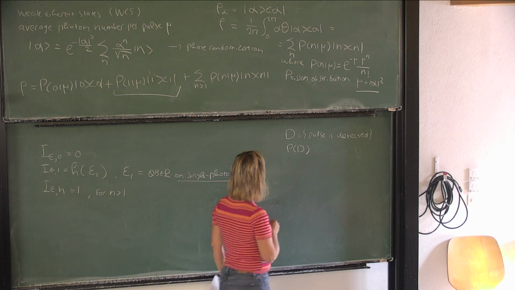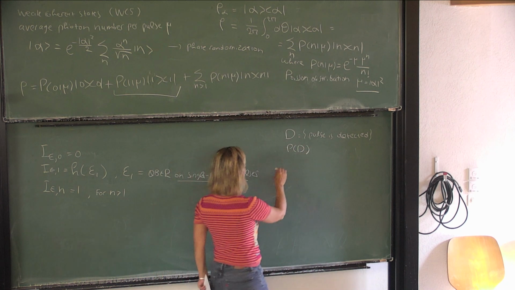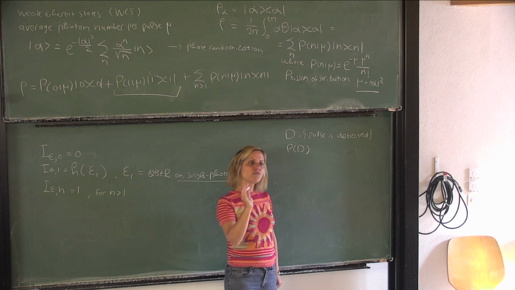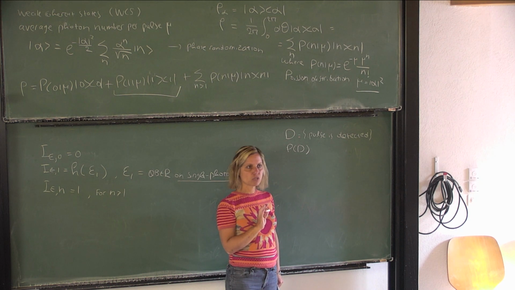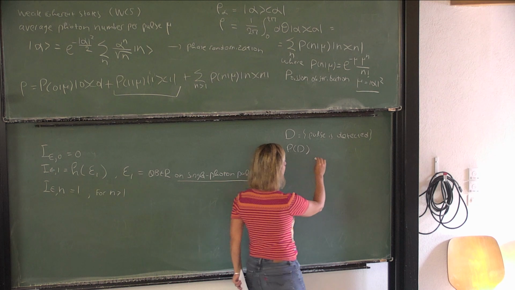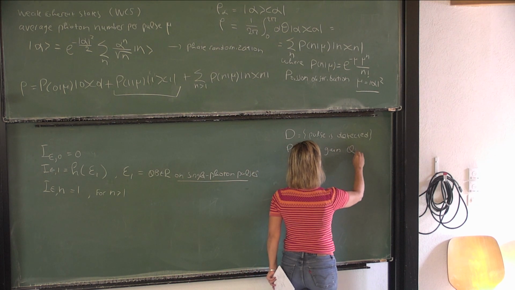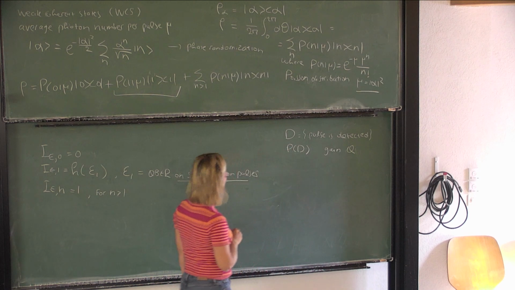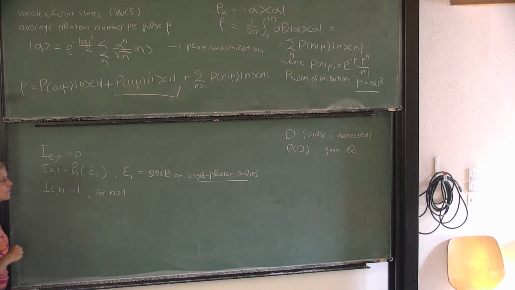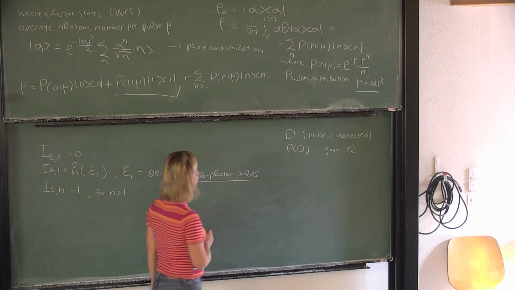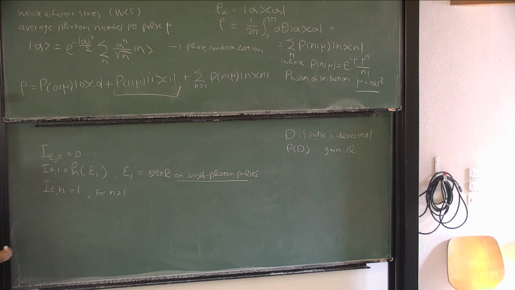In all these photon number splitting and decoy state protocols, this is often known as the gain, denoted by the symbol Q. In this particular case, Q is the probability of a detection event, and you're going to see afterwards that it may depend on other parameters.